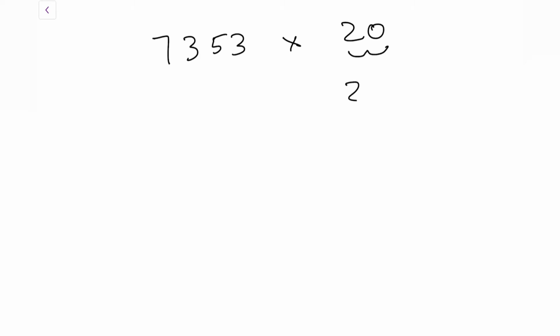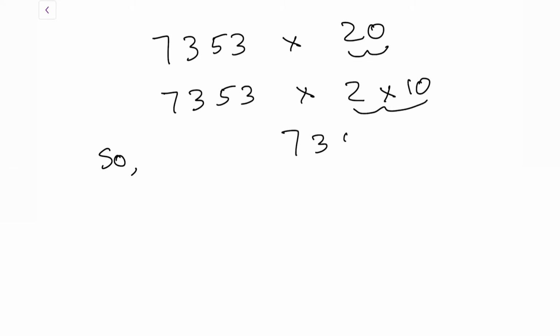We know 2 and 10 are the factors. So you have to do 7353 into 2 into 10. So these are two factors. We've broken the multiplier into these factors, and now you can multiply it. So let's do the first step. 7353 into 2.